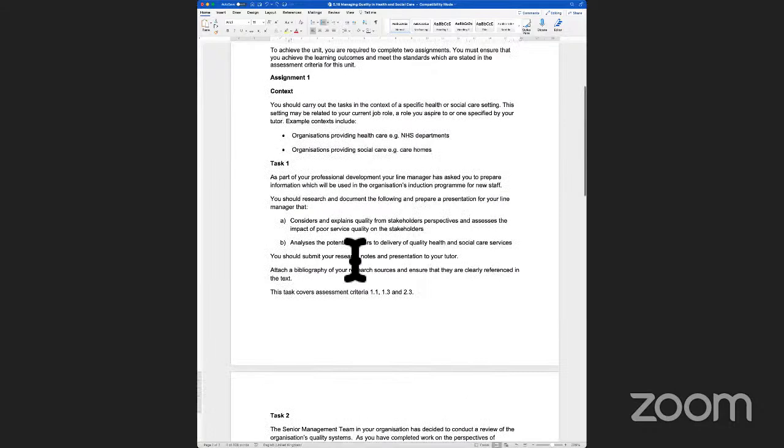Similarly, when we talk about some of the other tasks, it says consider or explain. Explain generally talks about setting out the meaning of the word or the phrase in detail. Here, it talks about stakeholders and quality. So you will need to talk about what stakeholders are, and the context of relating stakeholders to quality.